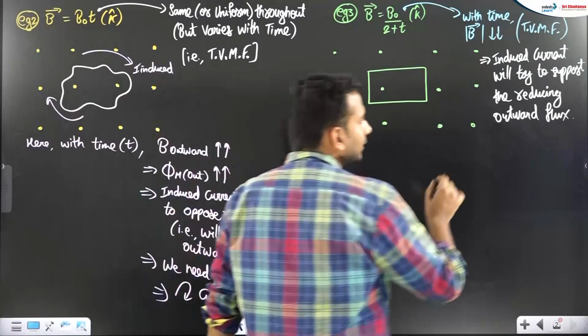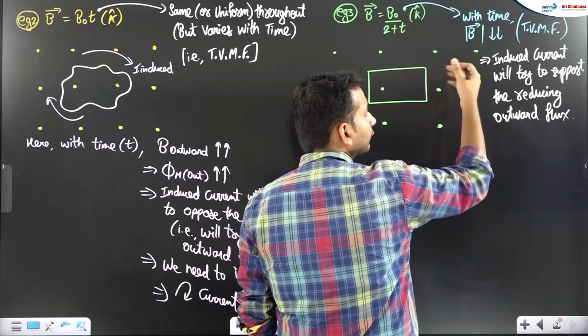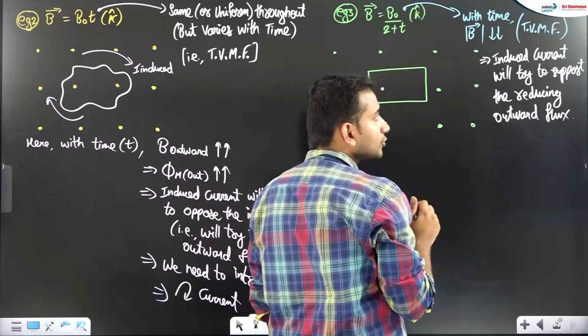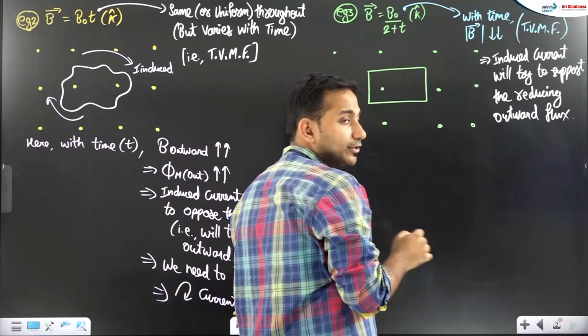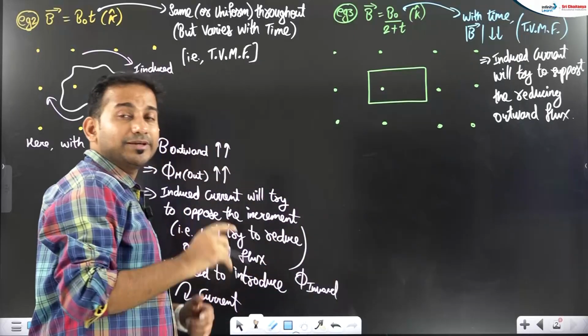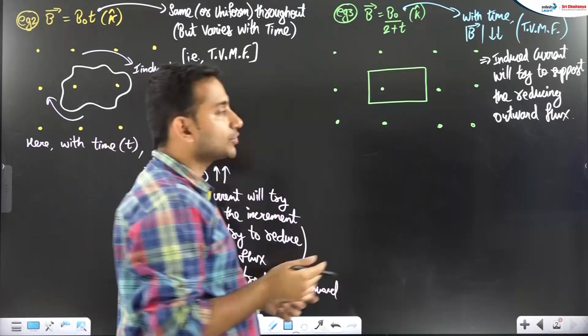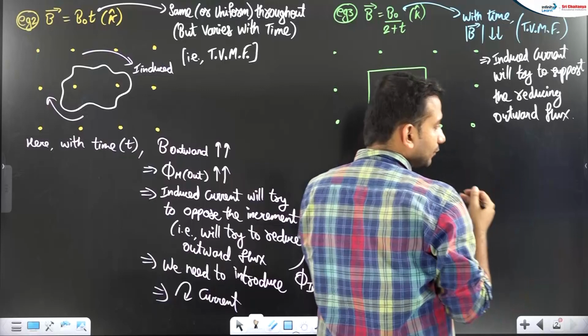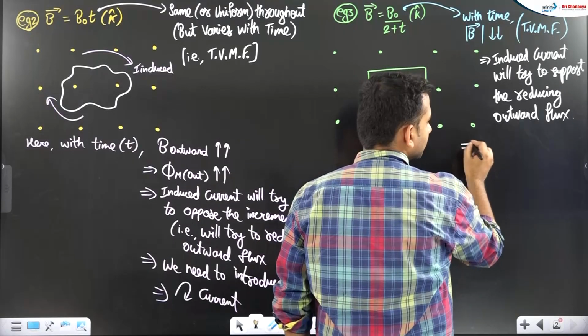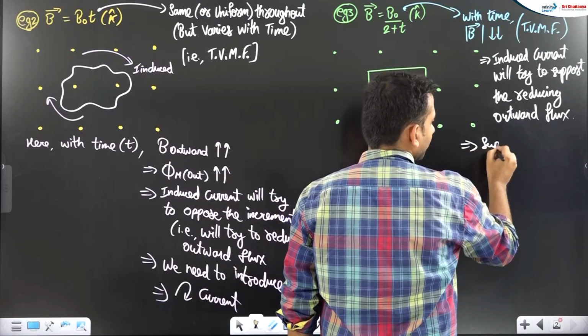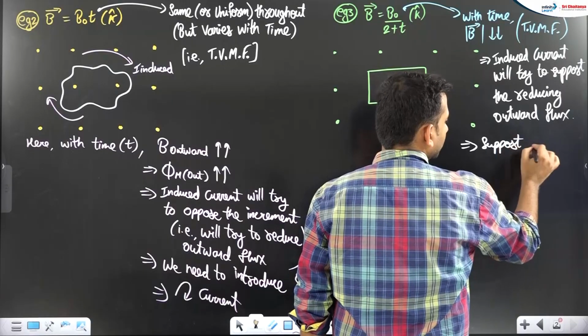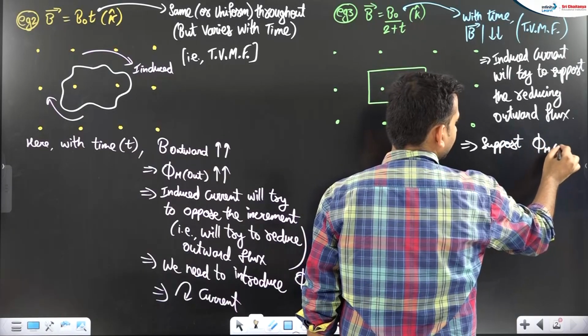So what you will say, that the outward flux was showing a decremental change, because of which there will be an induced current, but this induced current will be responsible to oppose the decremental change, which means this time we want some increment, we want some support. This implies support the outward magnetic flux.